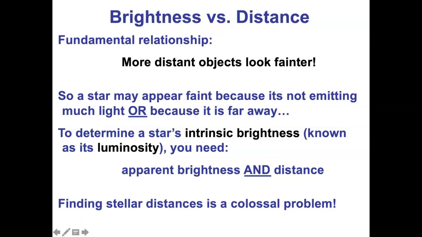Once you've got the distance, though, by parallax or by some other means, then you are off to the races. Then you can start figuring out things like luminosity and mass and size and age and all of the other things that you might want to know about stars. So distance is the first step. The second step is what we're doing right now, luminosity.